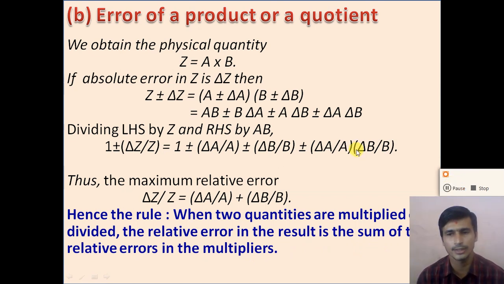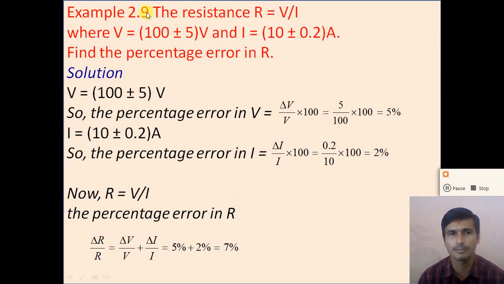So dear student, let us take one example for more understanding about how the errors are combined in a product and a quotient. Example number 2.9 in the textbook. The resistance of a conductor is measured.